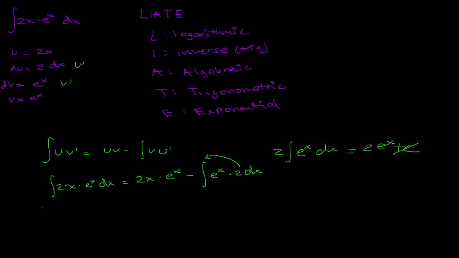So therefore we have the integral of 2x times e to the x dx evaluating to 2x e to the x minus 2e to the x. And now we can say plus c. So that's basically integration by parts. If you have any questions, please leave them in the comments, and thanks for watching.